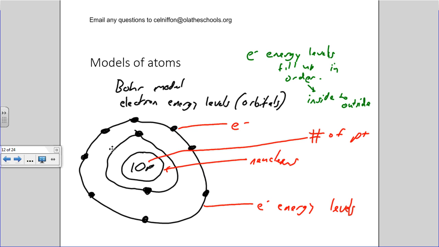So we're going to start by filling up your innermost energy level. This one right here is level 1, and it holds 2 electrons. We then go out to here. This is level 2, and it holds 8 electrons.